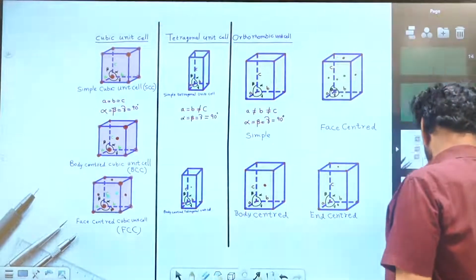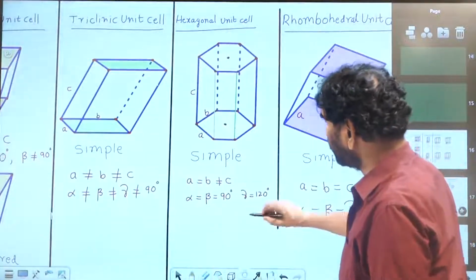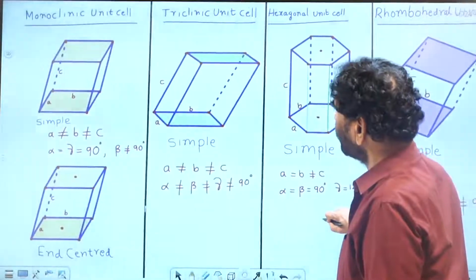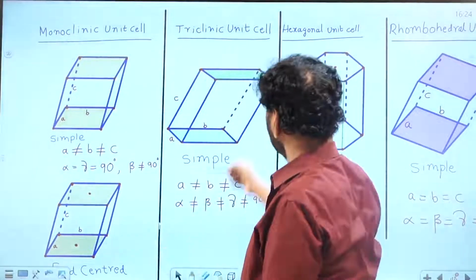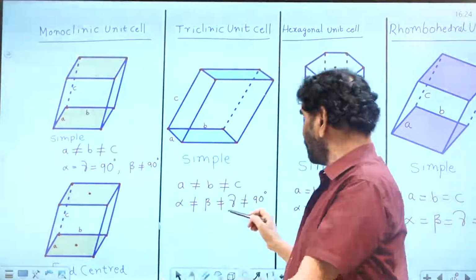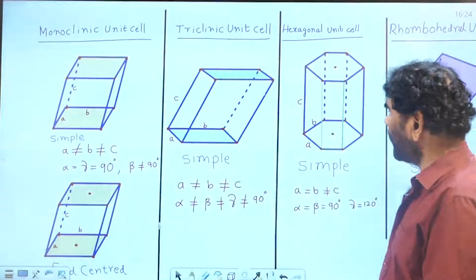Coming to the other systems: for the monoclinic system 2 are possible, and for triclinic only 1 is possible, the simple or primitive type.